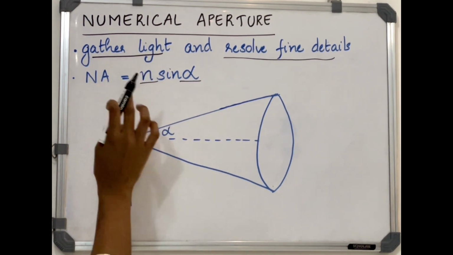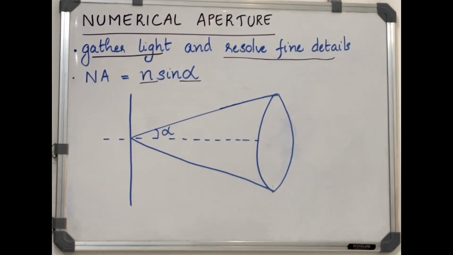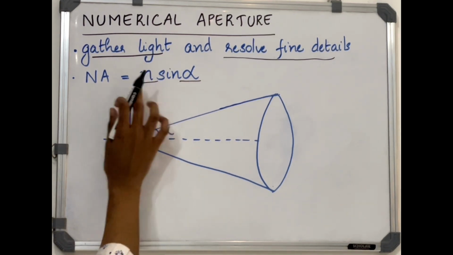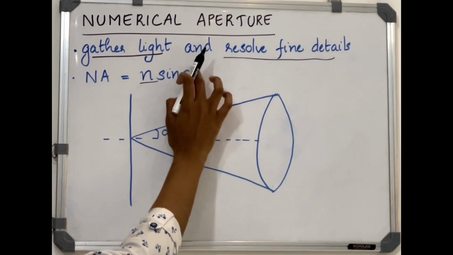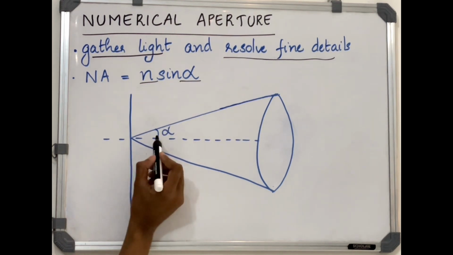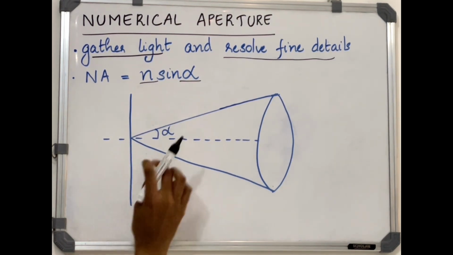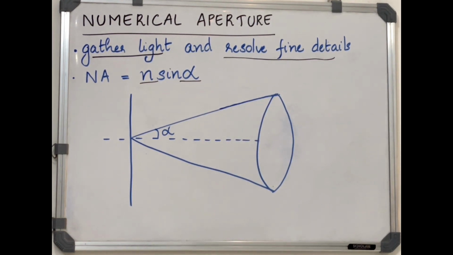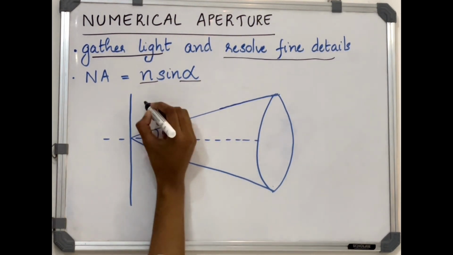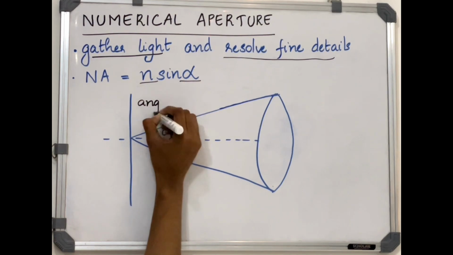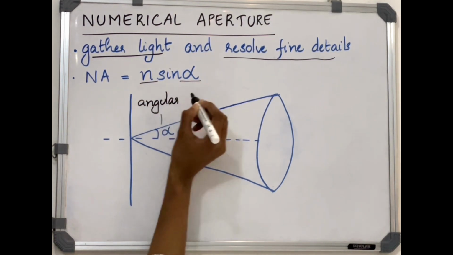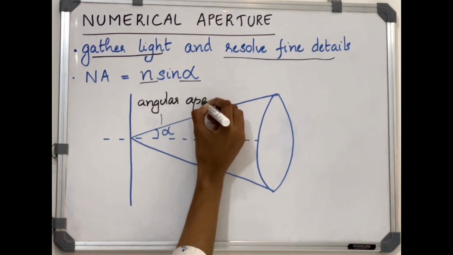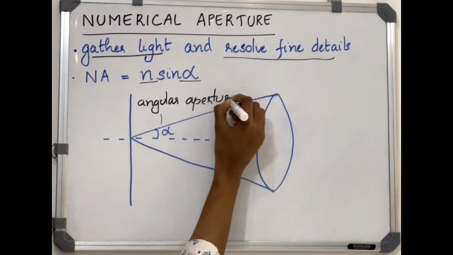N means it is the refractive index of the medium between microscope's objective lens and specimen, and alpha, as you can see here, is the half angle of maximum cone of light that can enter the objective lens, or we could say it is the angular aperture of objective lens.